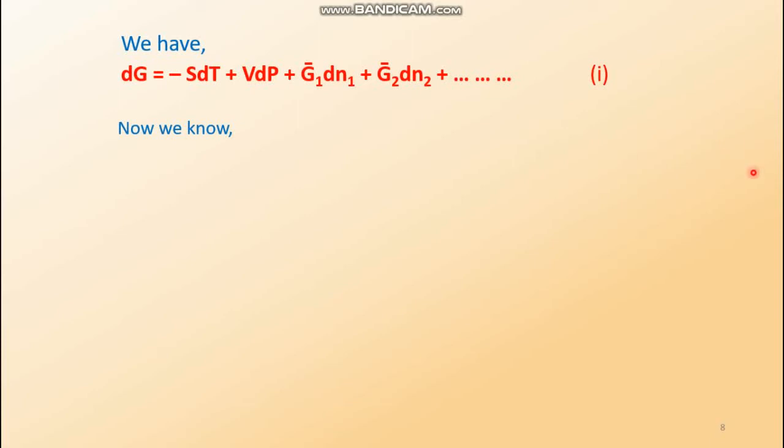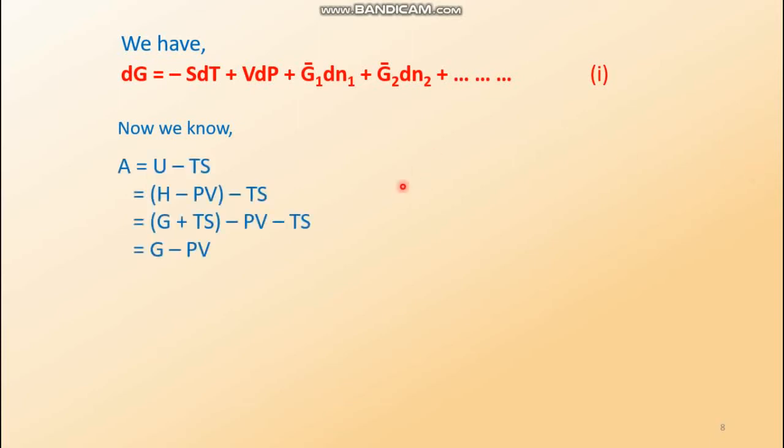Now we know that the expression of Helmholtz free energy or work function is A equals U minus Ts. Now U also has the expression H minus PV. So this H minus PV is inserted instead of U, and in place of H we have written G plus Ts, because G has the expression H minus Ts, so H should be G plus Ts.